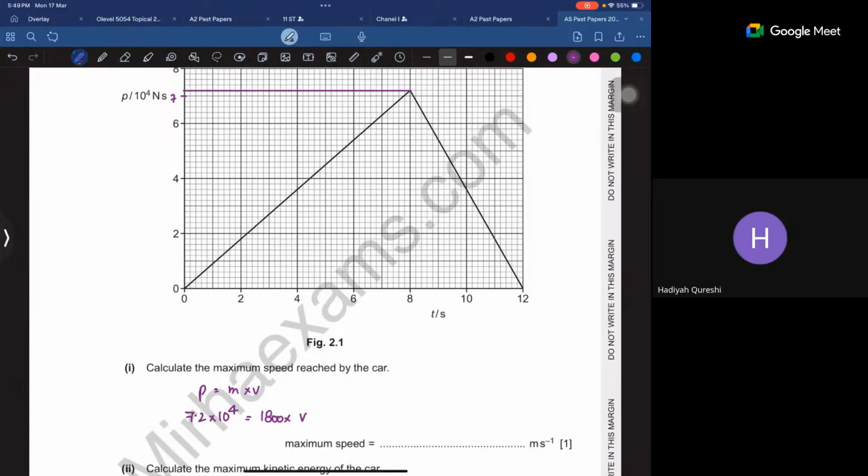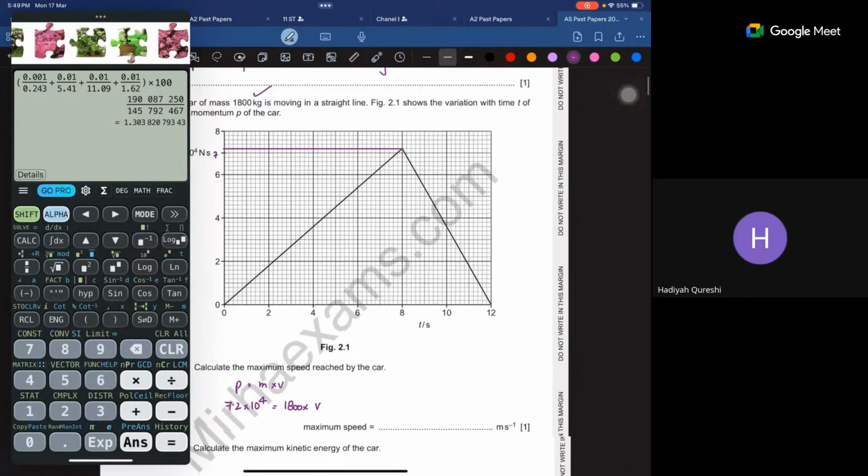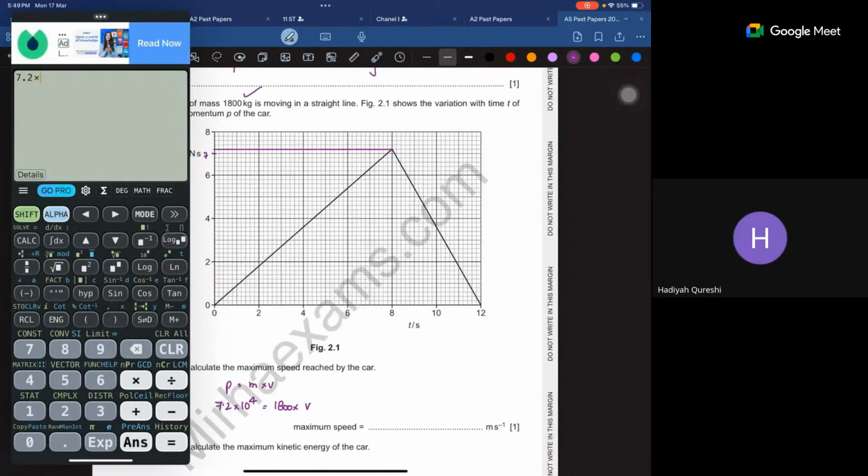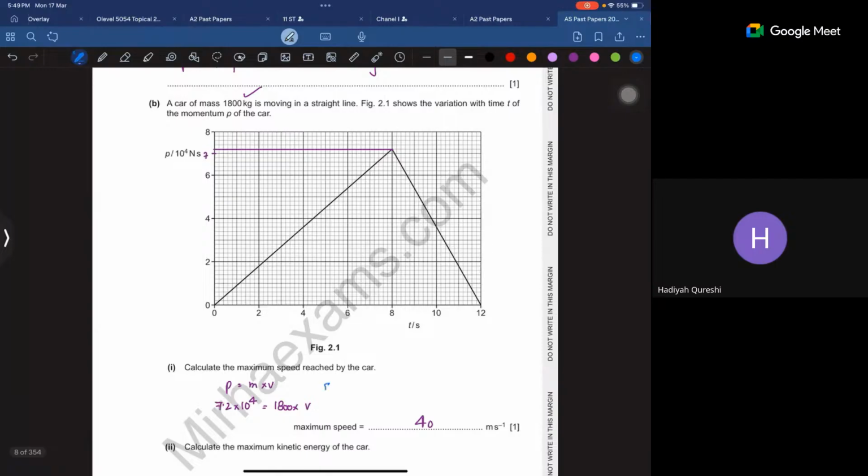So let's divide it: 7.2 times 10 raised to power 4 divided by 1800. So it's going to be 40 meters per second. So please remember, maximum velocity at maximum momentum.